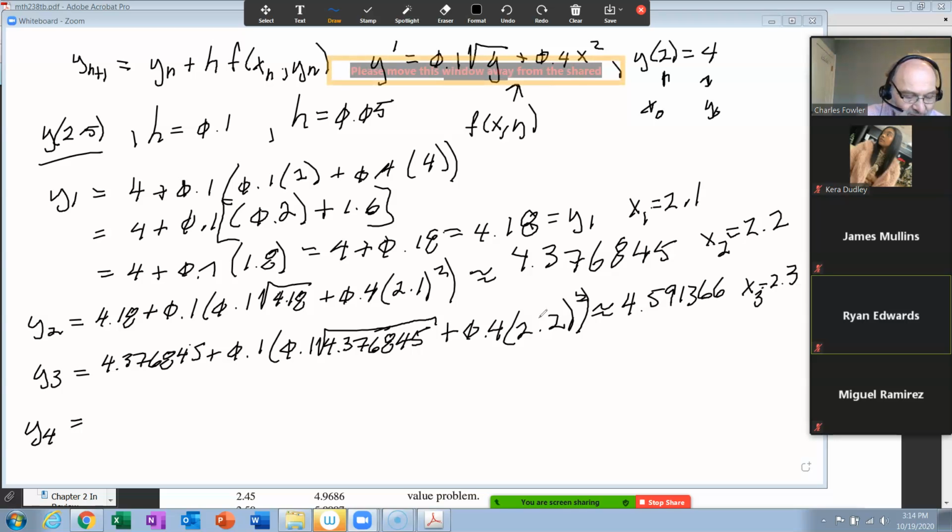Clear that and go back to there. Now, I'll just write down from the book what they got for 2.4. They got a y of 4.8244.